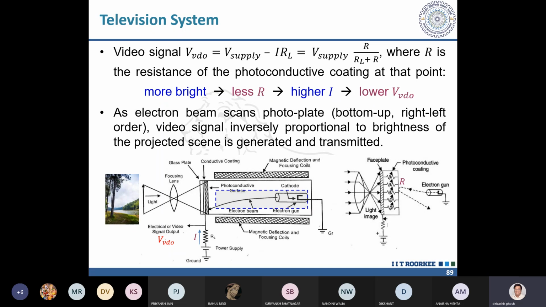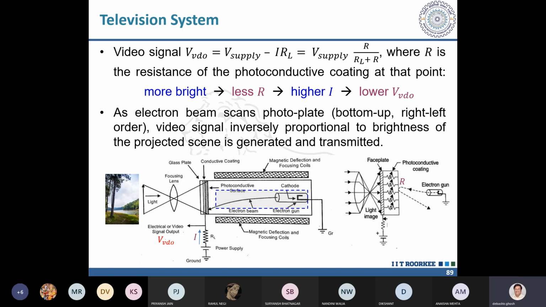Otherwise, here also you could have gone from top to bottom, and there from bottom to top. But it has been specified so that all TV sets all over the world are compatible with all the television stations. Otherwise, my TV set, suppose it is compatible with India, I could not use it in some other country.